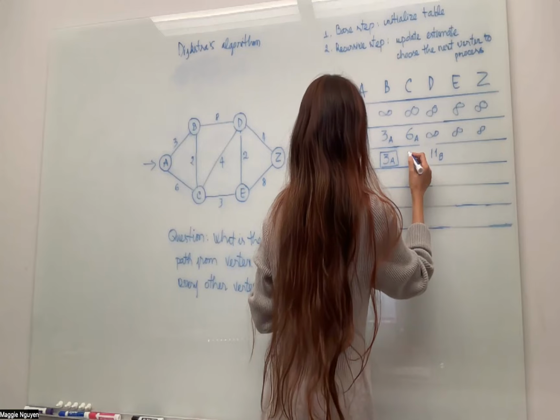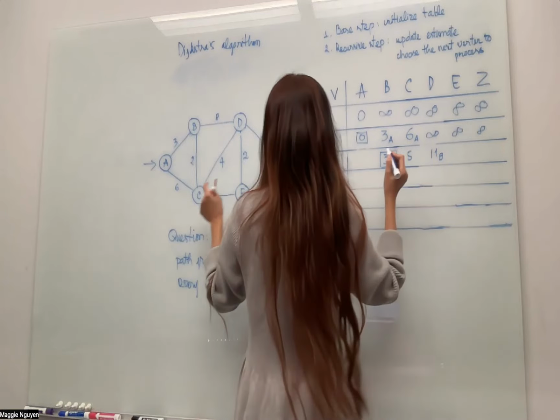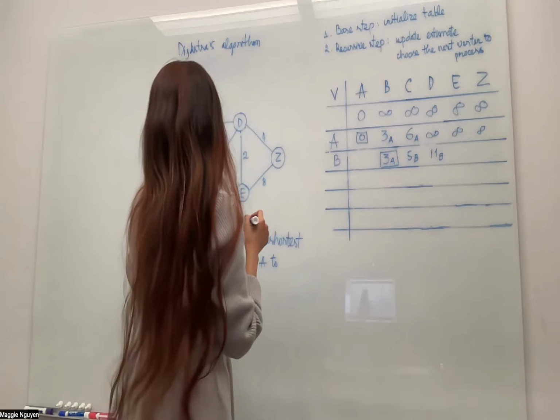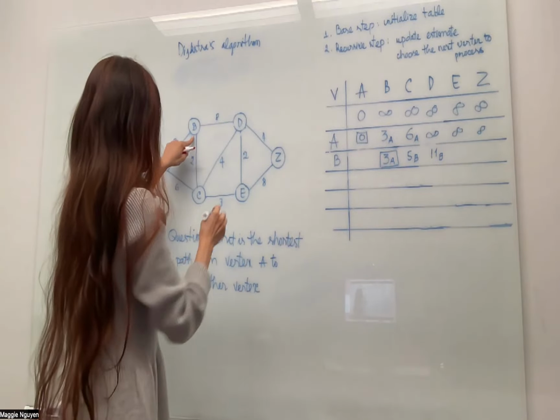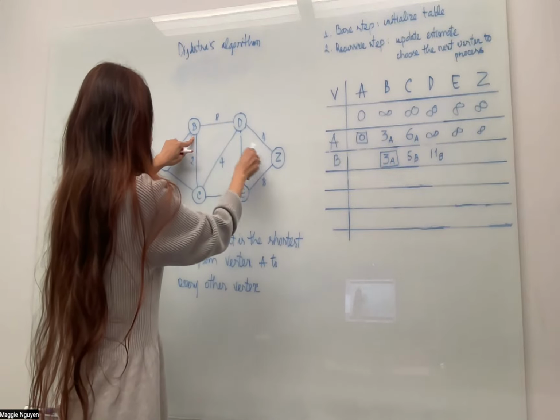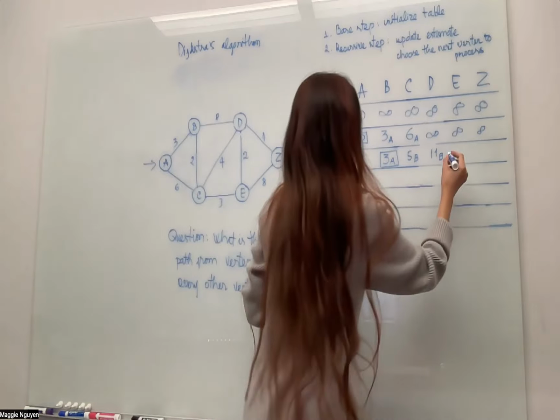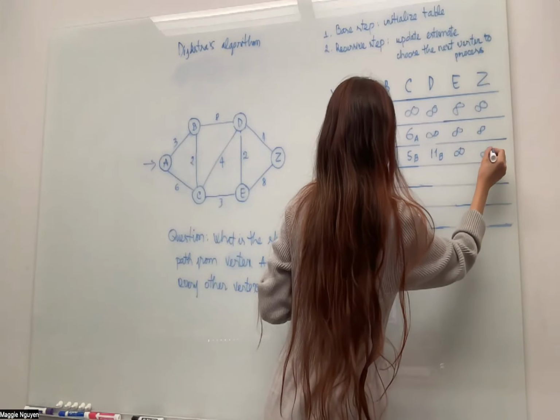So I'm going to update this: 5 from B. From B, I cannot go to Z, I cannot go to E. So the two are still infinity.